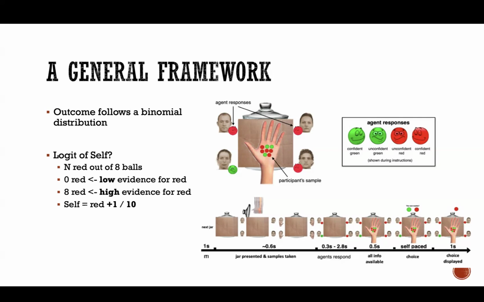And so we could simply redefine it on a probability space as red plus 1 divided by 10, so that 0 red is something like 0.1 and 8 red is something like 0.9. Right? Then we can put it in log odds and we can do all the usual stuff.